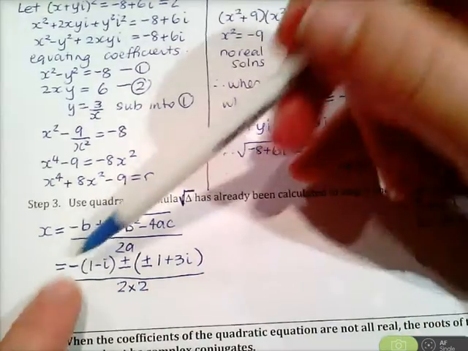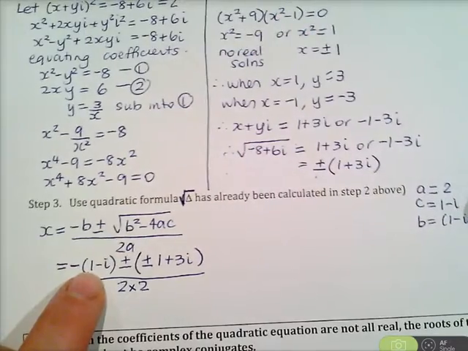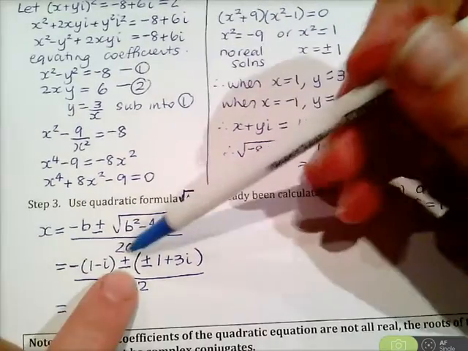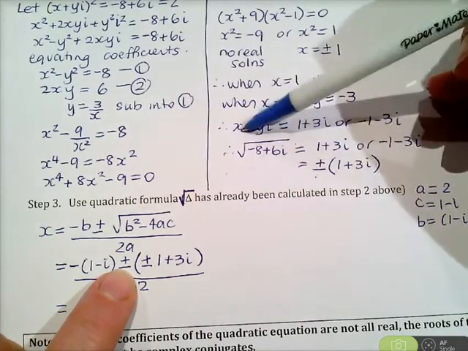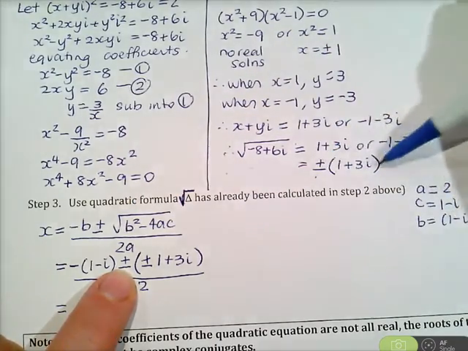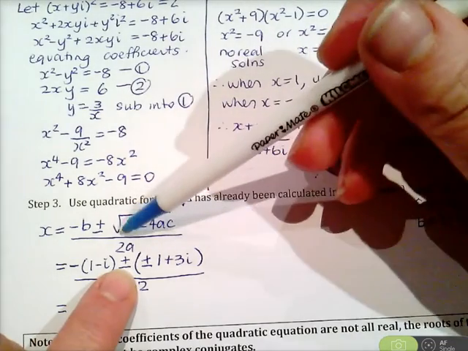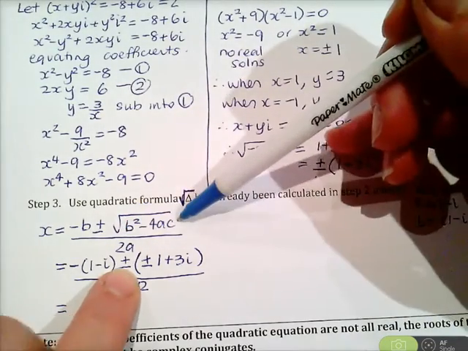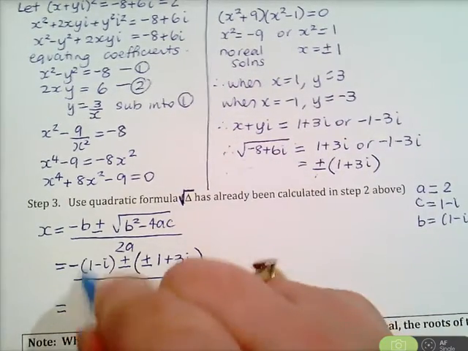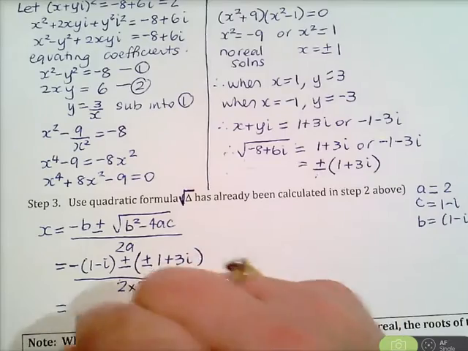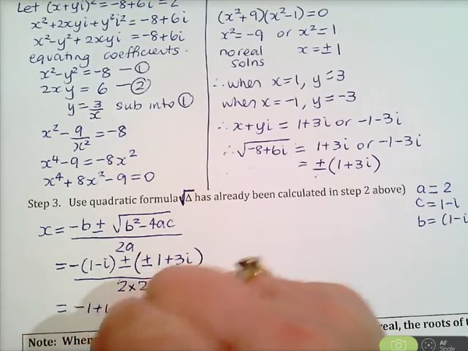Okay, again, negative b is negative 1 minus i if we look at that top equation, plus or minus the square root of b squared minus 4ac, which is worked out here, and it's plus or minus 1 plus 3i. So you replace this whole square root of b squared minus 4ac with plus or minus 1 plus 3i over 2 times 2. Now I'm going to expand this, so I've got negative 1 plus i.